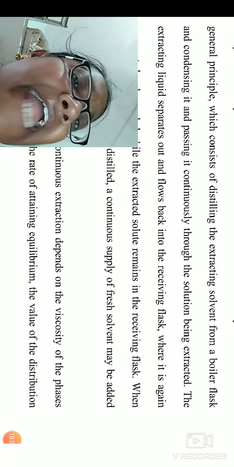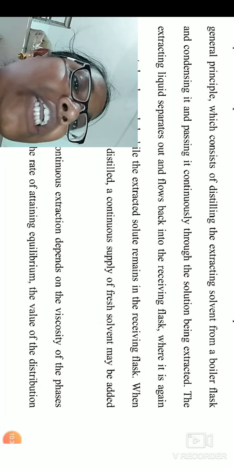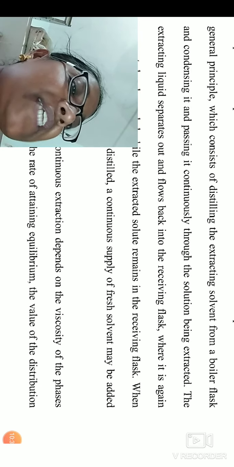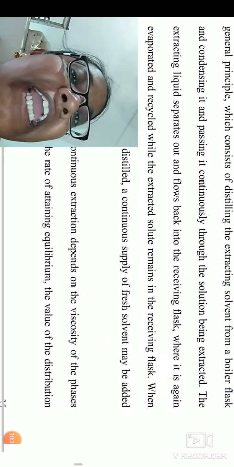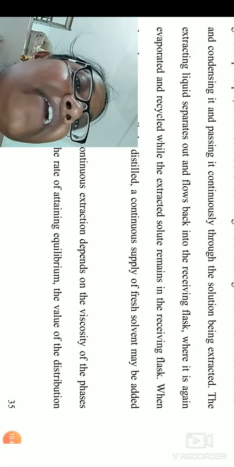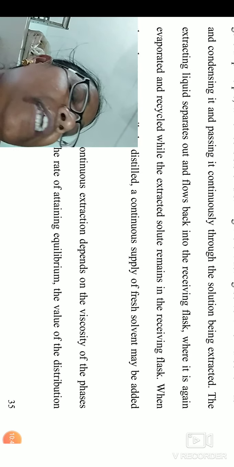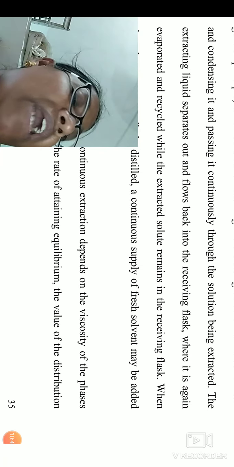The extracting liquid separates out and flows back into the receiving flask, where it is again evaporated and recycled while the extracted solute remains in the receiving flask.